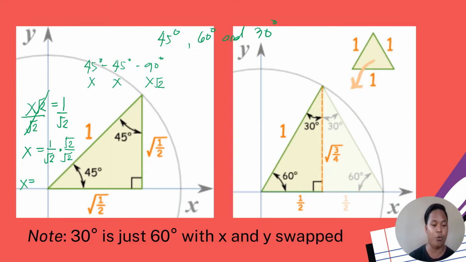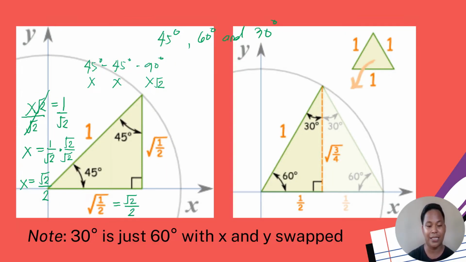X is equal to 1 times the square root of 2 is the square root of 2 over square root of 2 times the square root of 2 is the square root of 4. And square root of 4 is 2. Thus, this square root of 1 half is equal to square root of 2 over 2.